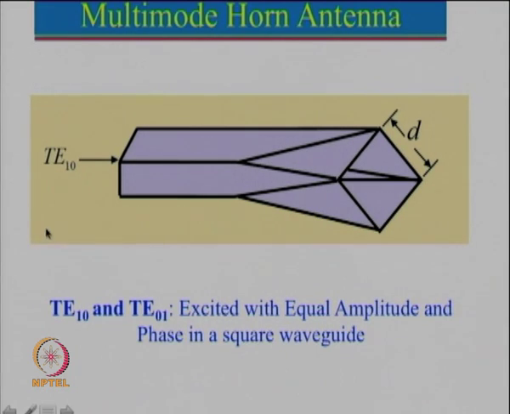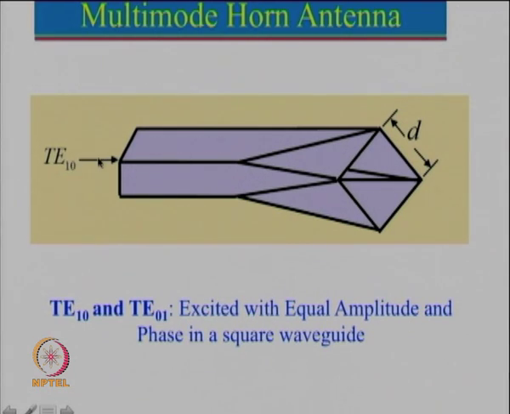Let us look at another application. This particular thing here is a multi-mode horn antenna again. It is not using a conventional waveguide, it uses a square waveguide. If we use a square waveguide, then both the TE10 as well as the TE01 mode can get excited with equal amplitude and phase.